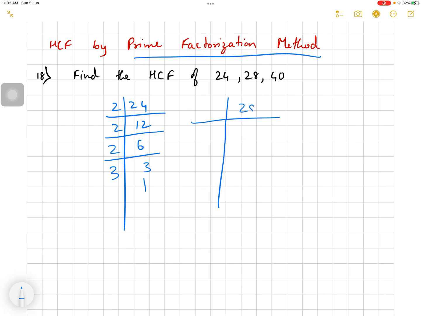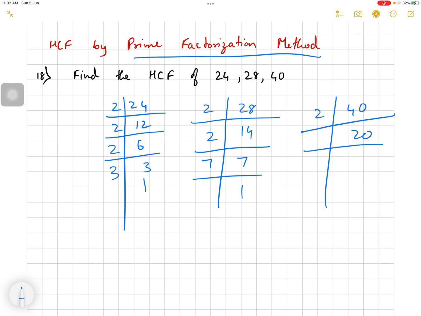For 28, 2 14s are, 2 7s are, 7 1s are. For 40, 2 20s are, 2 10s are, 2 5s are, 5 1s are.